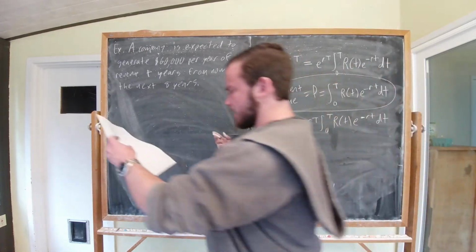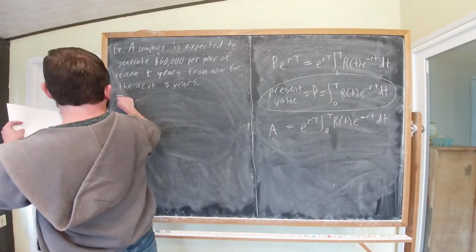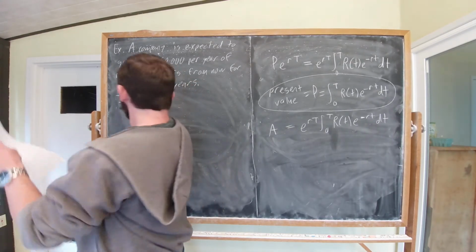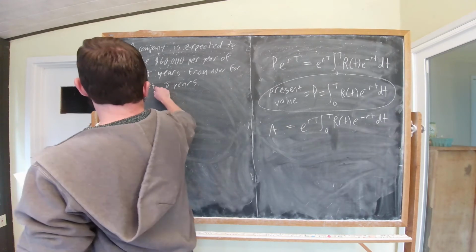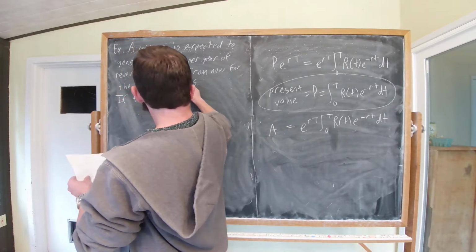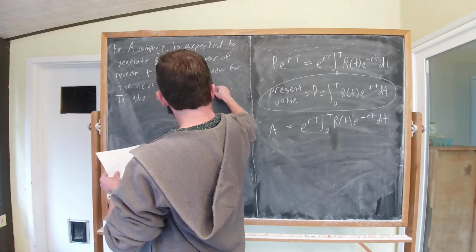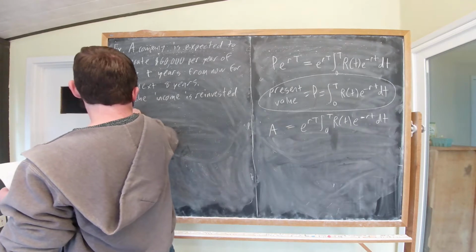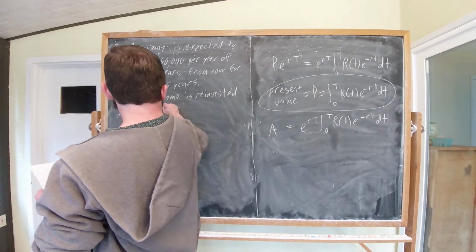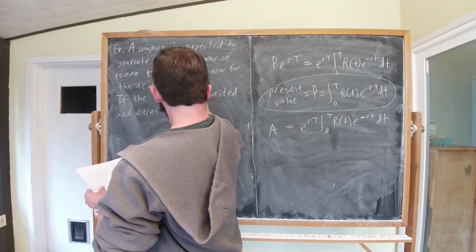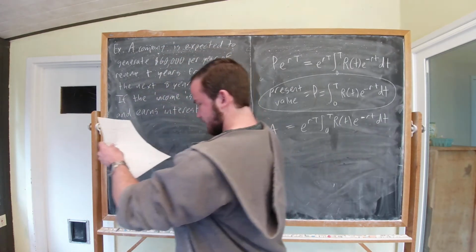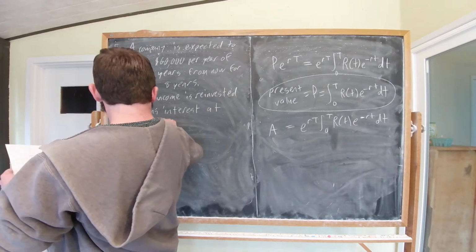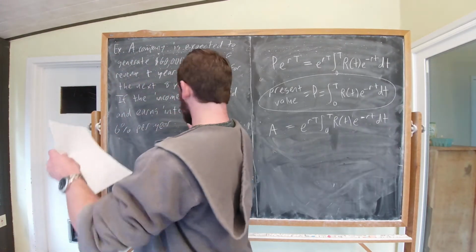Alright, if the income is reinvested, so we're setting up our income stream, if the income is reinvested and earns interest at 6% per year, compounded continuously.